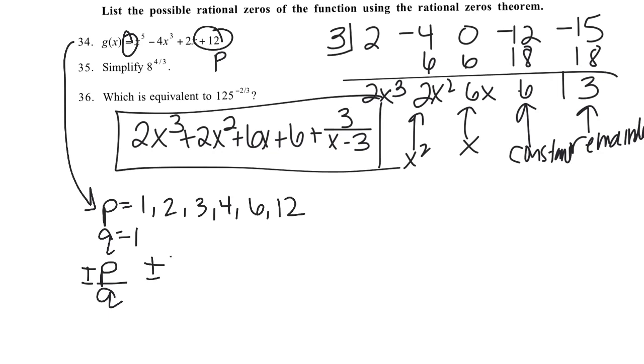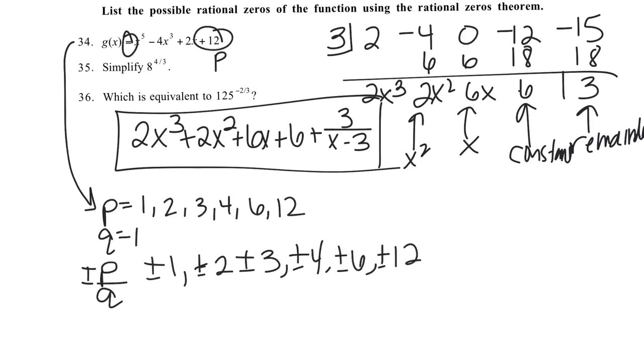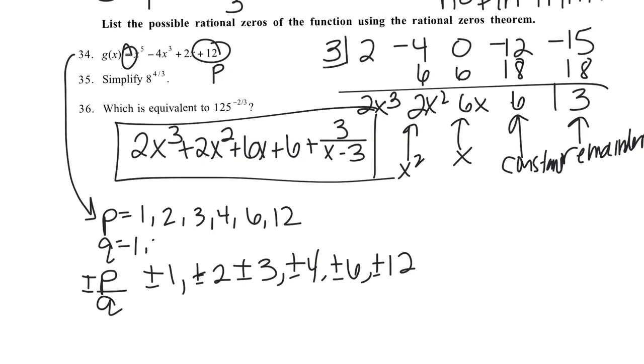So it's plus or minus 1, plus or minus 2, plus or minus 3, plus or minus 4, plus or minus 6, and plus or minus 12. If there was a coefficient on the x to the 5th, and we had, say, a 2 with our q, then we would write another list with all of these numbers with a denominator of 2. But that's not our problem here.